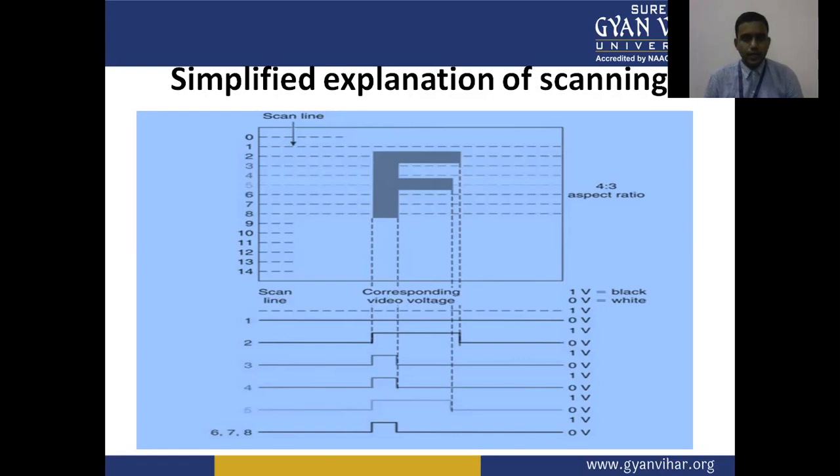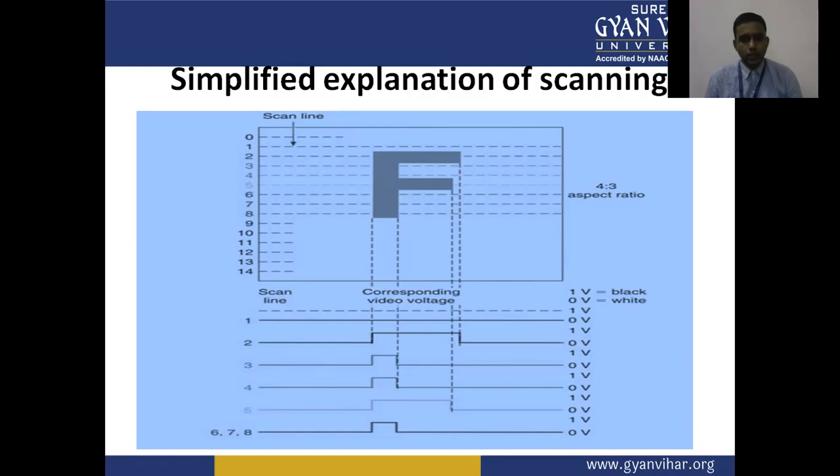Scan lines from 0 to 14 are shown in the frame, and the corresponding voltage is shown below the frame. The aspect ratio of the frame is 4:3. From the figure, we can understand that line 1 has no gray part of the figure, so it is at 0 volt.